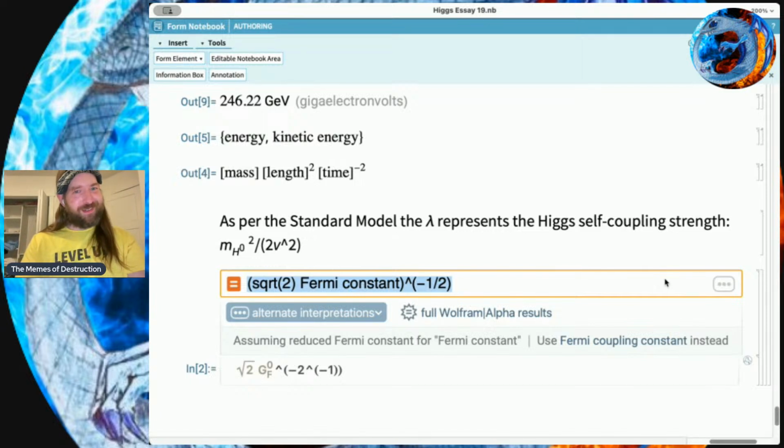Actually, let's see what it is. Higgs mass squared divided by 2, the vacuum expectation value squared. They only have it to 3 digits and I'll do it anyway.